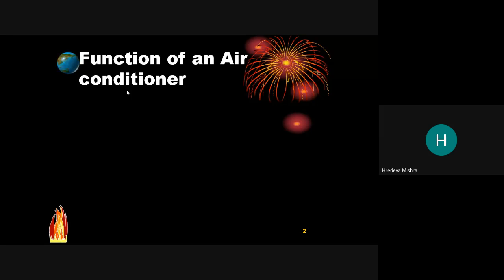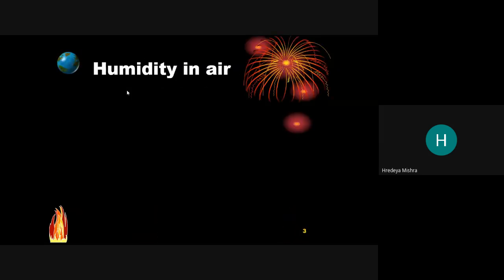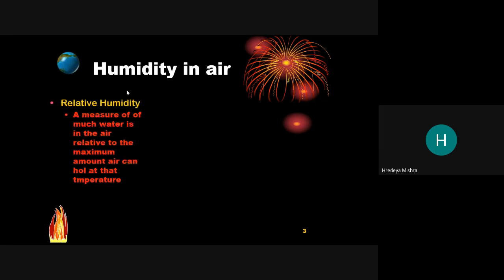Function of an air conditioning. What is the function of air conditioning? See, humidity in the air. What is this humidity? By the humidity, the body starts sweating. So much sweating is there, and the efficiency of work by the human is decreased. Relative humidity is a measure of how much water is in the air relative to the maximum amount air can hold at that temperature.